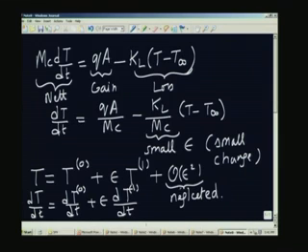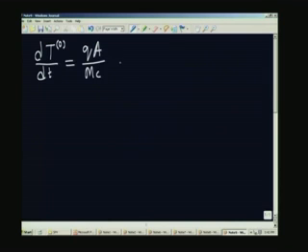So, I will go to the next sheet and write it out. You can see that dT naught by dt must be equal to QA by MC, and dT1 by dt, which is now multiplied by epsilon.